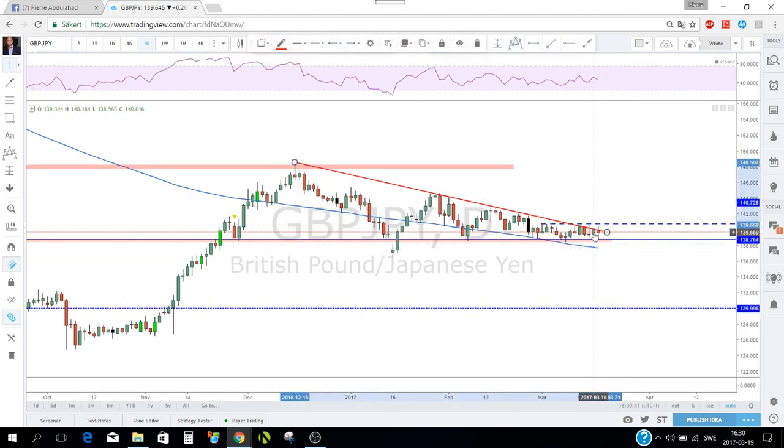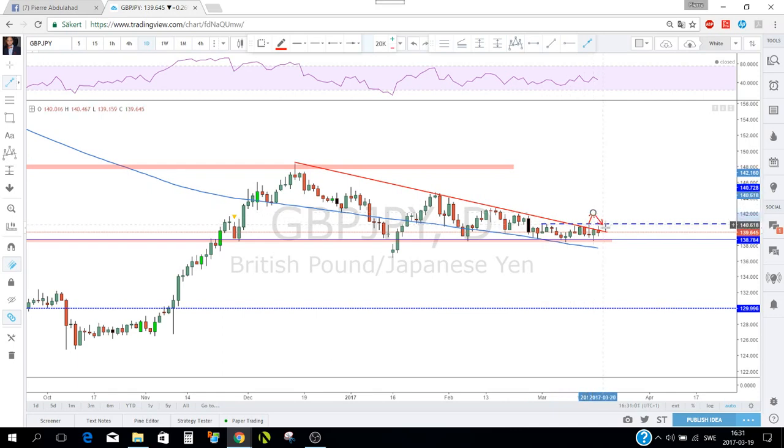What I'll be looking at for this pair is I want to see a break of the 139.70 at this level here. I want to see the break of the trend line and this structure back here, and a retest.